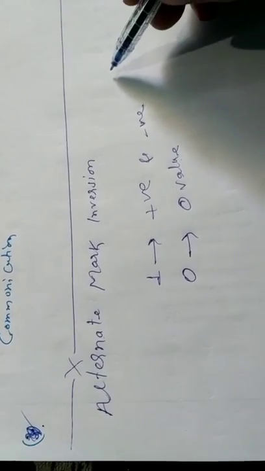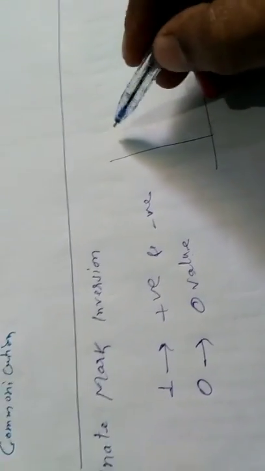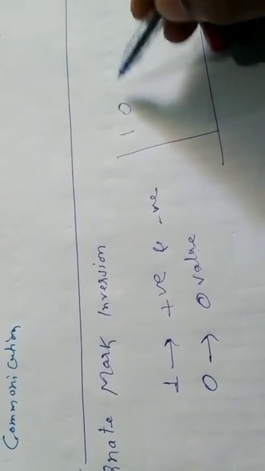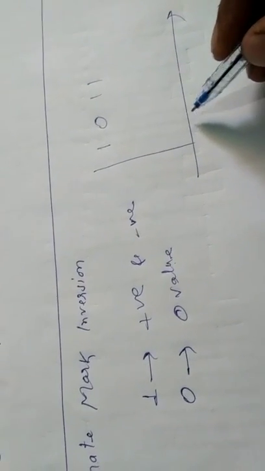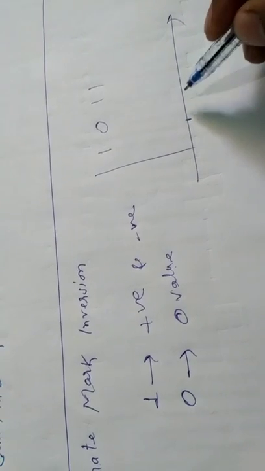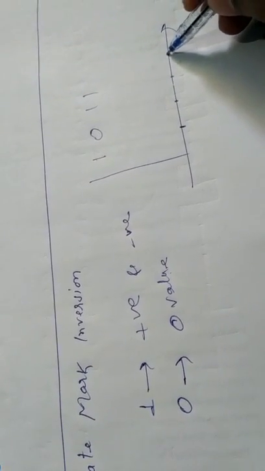let us take an example of certain bits, say 1, 0, 1, 1, and let us also indicate the bit period as shown in the figure for 4 bits.